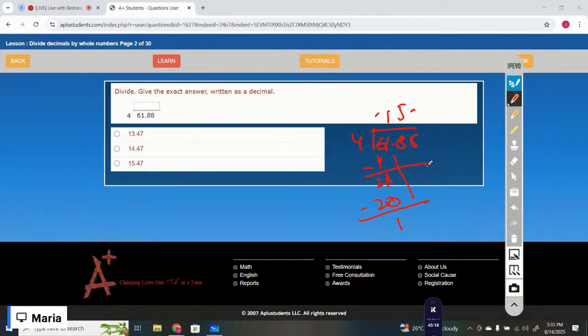Put a decimal point over here and bring 8 down. 4 times 4 is 16. 4 times 7 is 28.